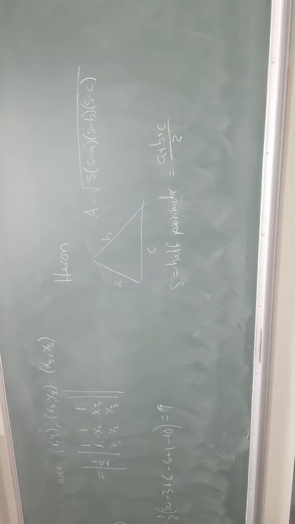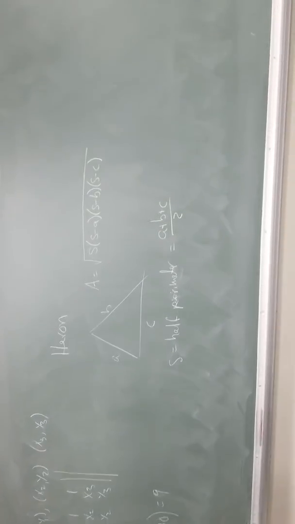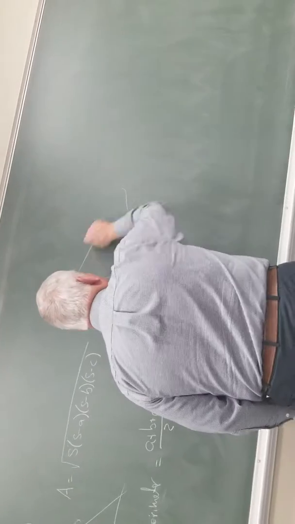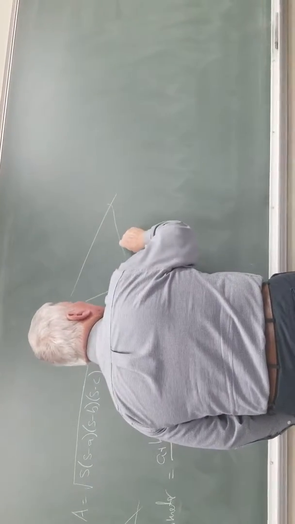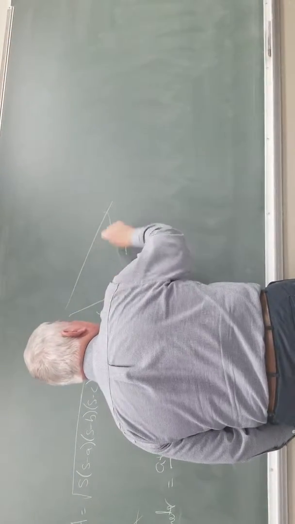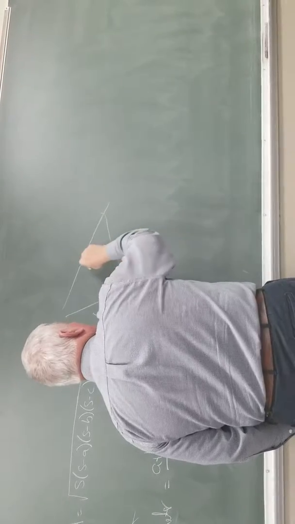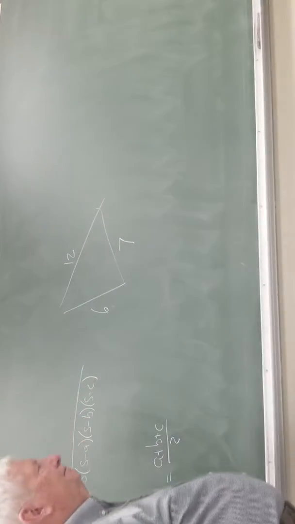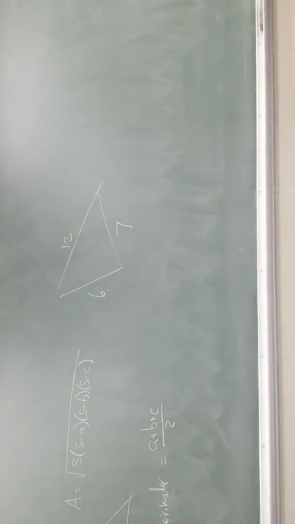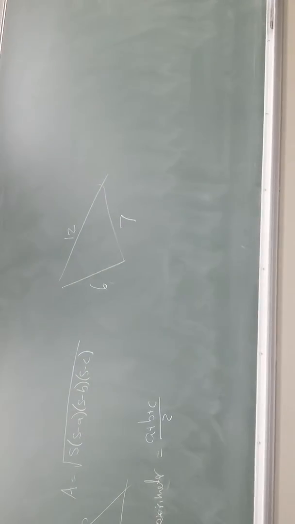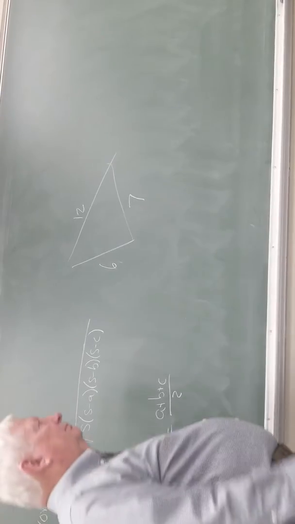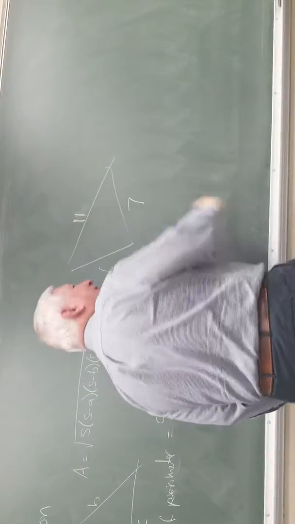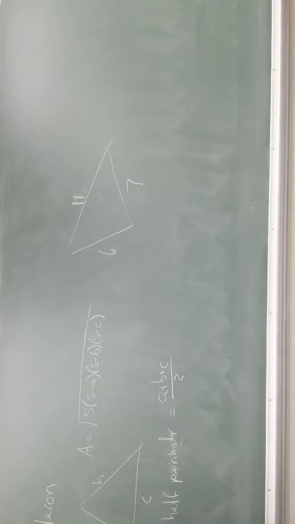So let's pick any old triangle. 7, 6, and, well, let's pick an odd number, 11, because I want the half perimeter to be nice. Okay.